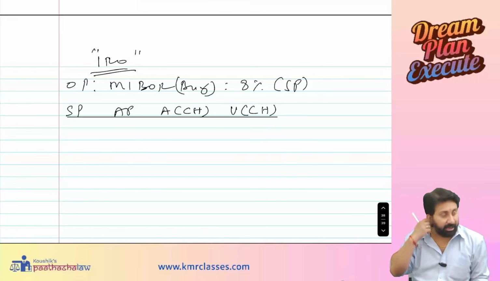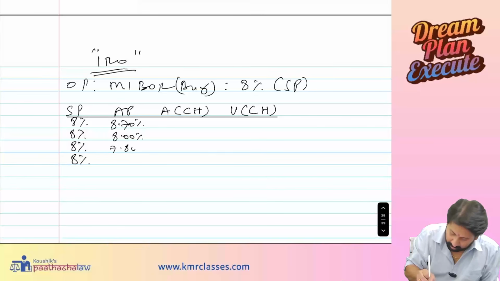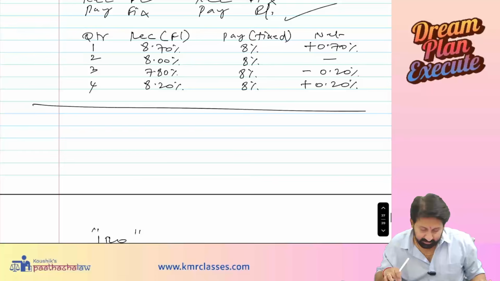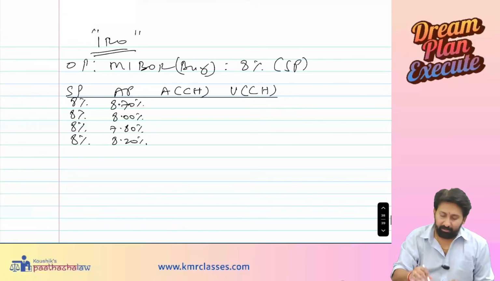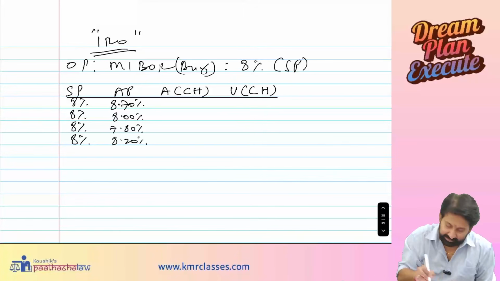Okay, see now. SP, AP. I hope these are right numbers. 8.7, 8, 7.8, 8.2. Now, as a call holder, your SP should be lower than AP to exercise.